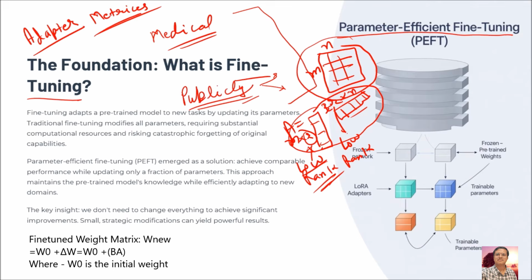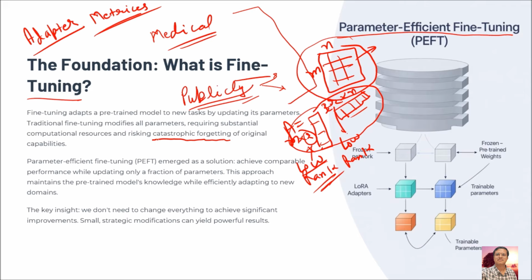Then you will ask: what will happen if we train the whole matrices? In that case, if you are not able to handle the entire matrices well, it may result in catastrophic forgetting. Catastrophic forgetting means it will forget a lot of the original past tasks for which the LLM was trained on a publicly available dataset.